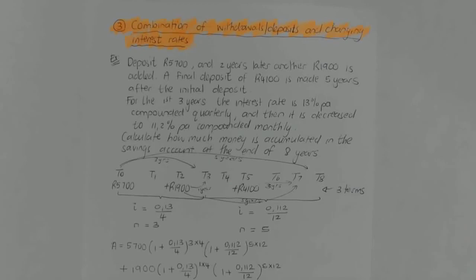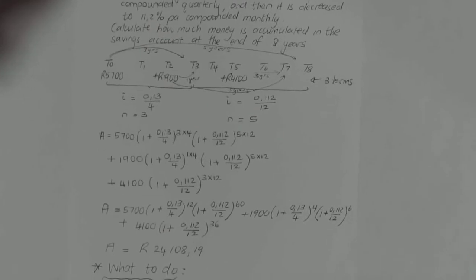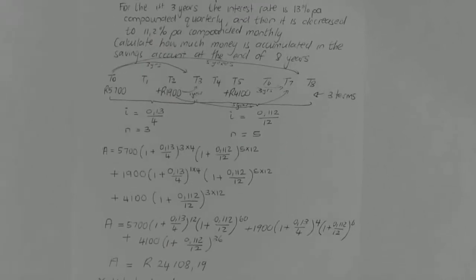Right. So before we start with this question, you will notice if you look at the calculation that there are a lot of digits that need to be entered into your calculator for you to do this question.